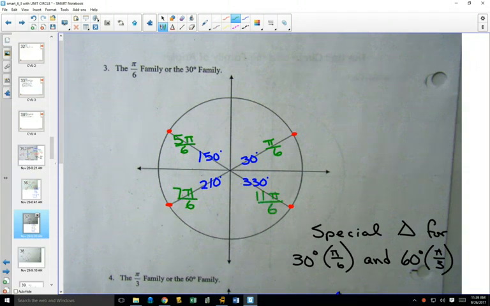How did he do? 5 pi over 6, 7 pi over 6, and 11 pi over 6.